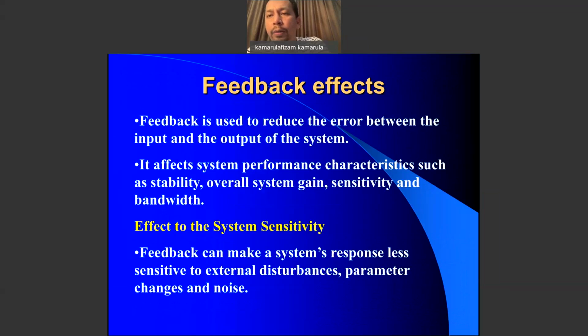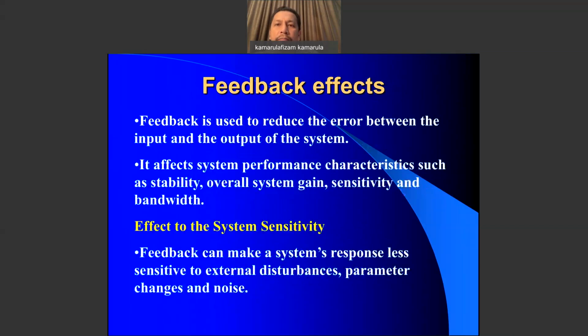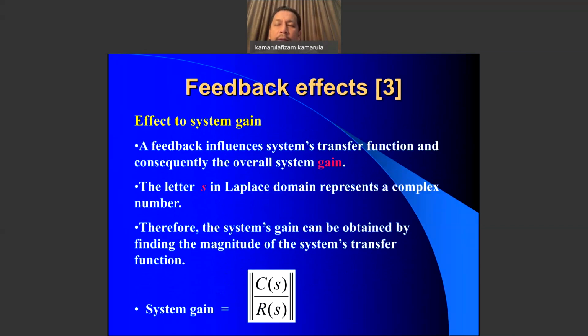So with regard to the closed loop system, also called a feedback system, these are the effects that happen when you are working with a system with a feedback effect: sensitivity, stability, and the gain.